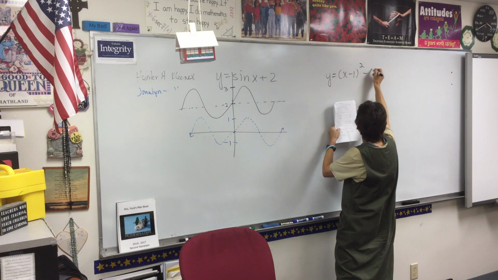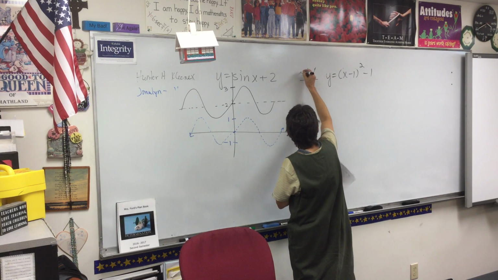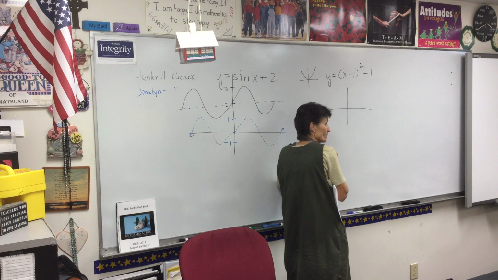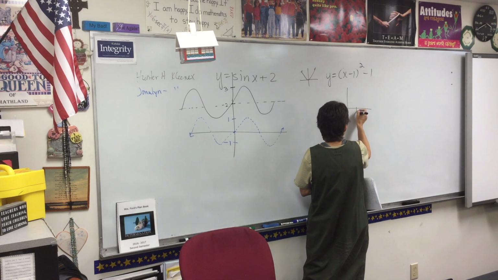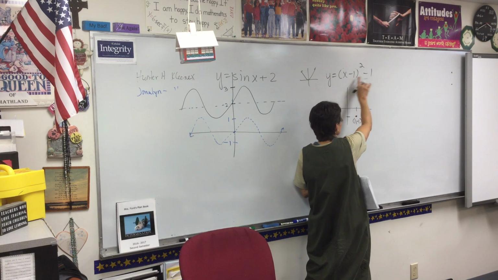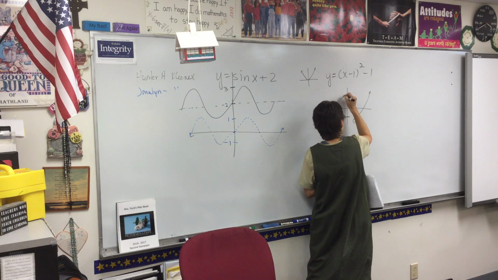Squaring function, yep. The normal parabola starts at the origin. Where's this one starting? Right 1 and down 1? Yes. Right inside the parentheses, down outside the parentheses. There it is.